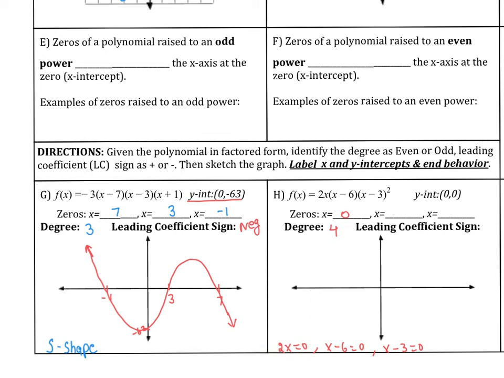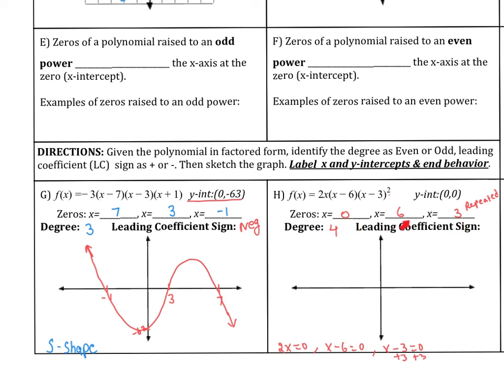Plus 6 on both sides for the second one, and you get x equals 6. And plus 3 on both sides, you get x equals 3. So the 3 zeros, and remember this is going to be a repeated zero because the power on that is 2. So this means that this is a repeated root.